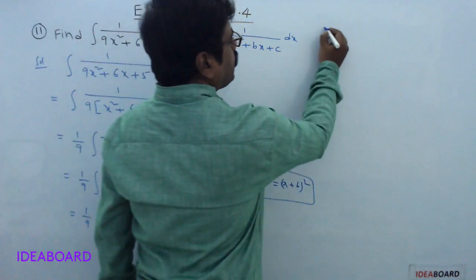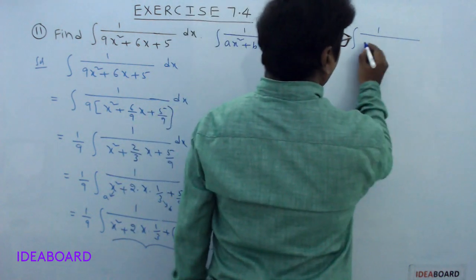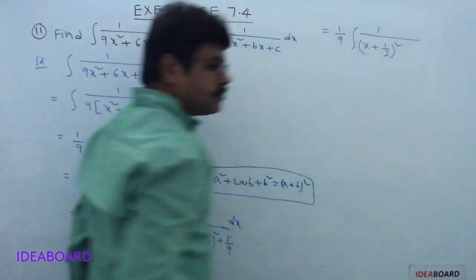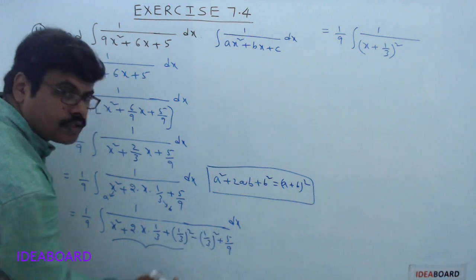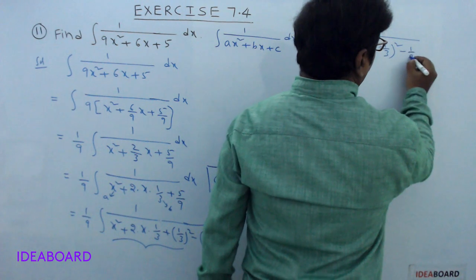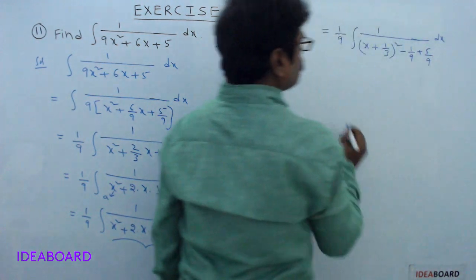Now write down that one. 1 by 9 into integral 1 divided by (x plus 1 by 3) whole square minus 1 by 3 whole square, that is minus 1 by 9, plus 5 by 9 dx.